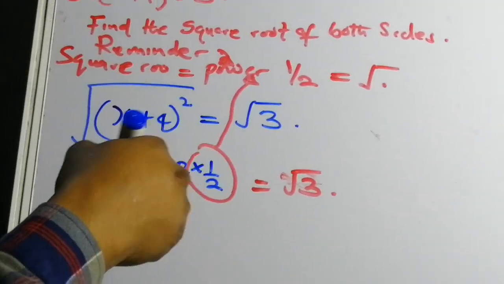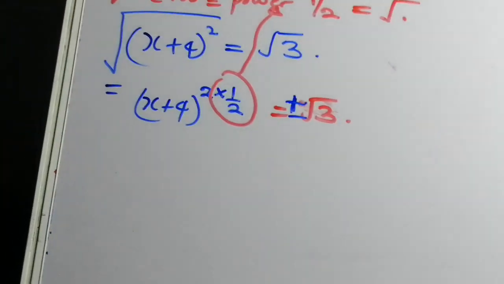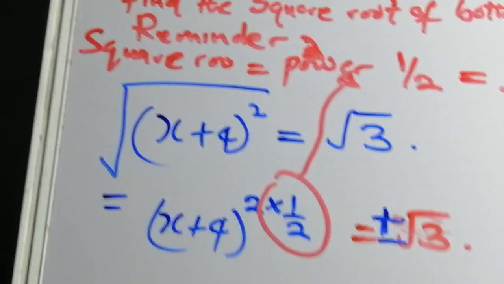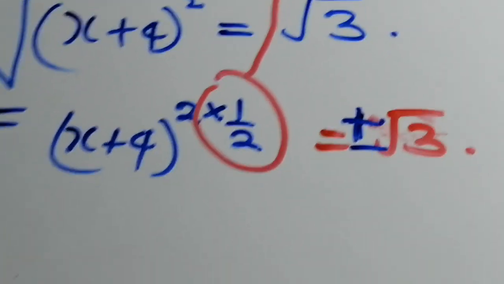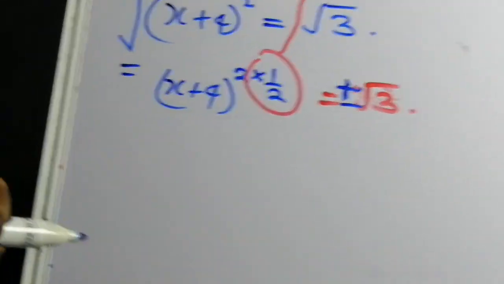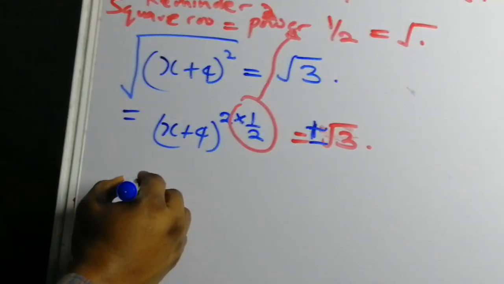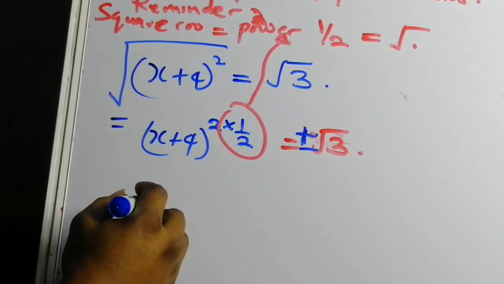And don't forget you can also put plus or minus. I made mention of it in surds too. Anytime you are trying to introduce a surd, always put plus and minus. That is why those parts are very, very important. You need to go back and look at them if you've not gone through them, so that you will not skip any point that we mention in all those parts.